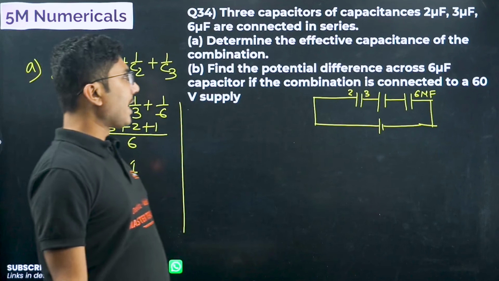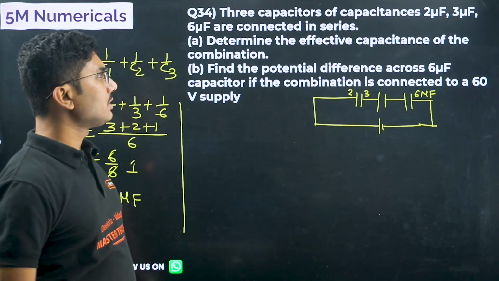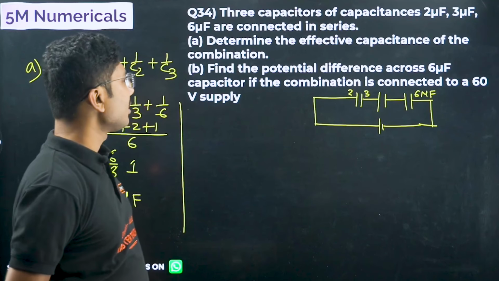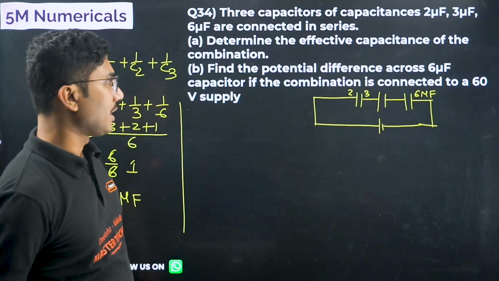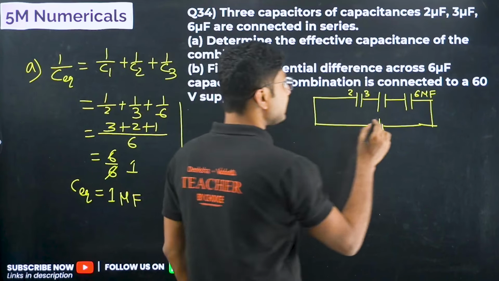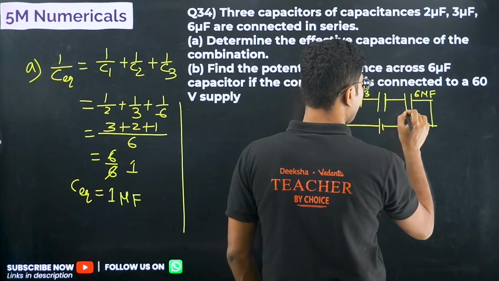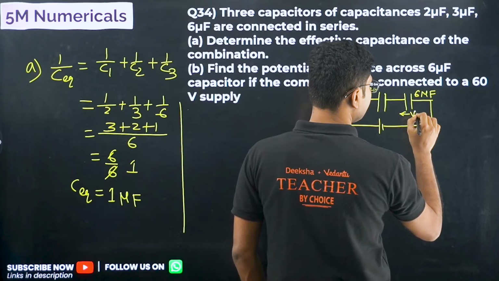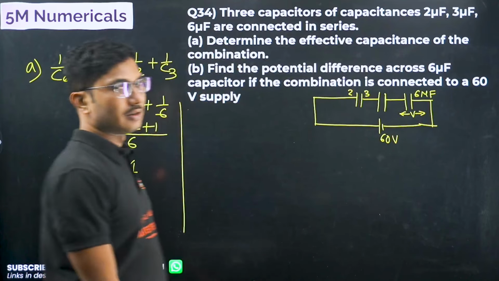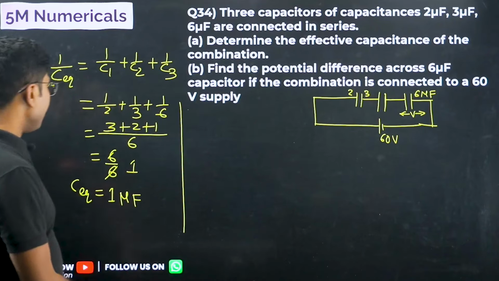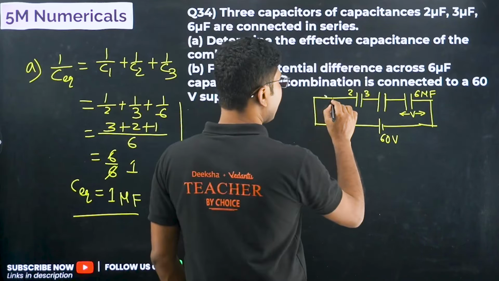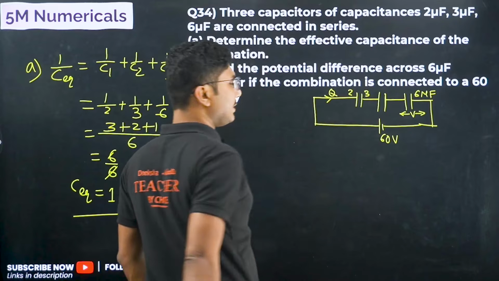Next, find the potential difference across the 6 microfarad capacitor if the combination is connected to a 60 volt supply. So we have to calculate the potential difference across this one. For that we will use this C equivalent and find the charge flowing in this circuit.